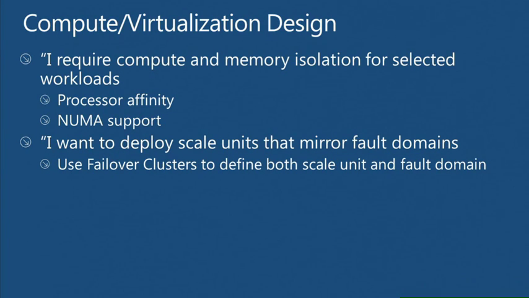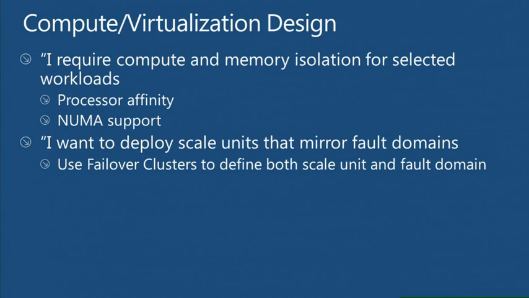So if your fabric management system is able to move these machines from server to server without a cluster, and you have stateless applications that don't need the high availability for the compute component that failover clustering provides, then you might not want to use failover clustering.